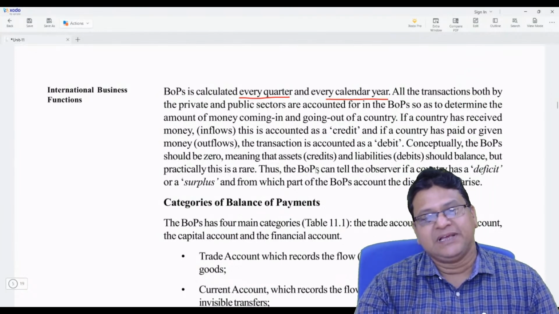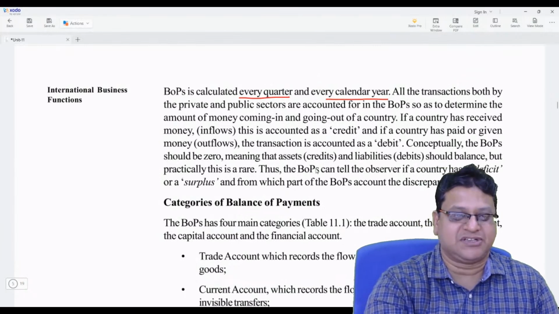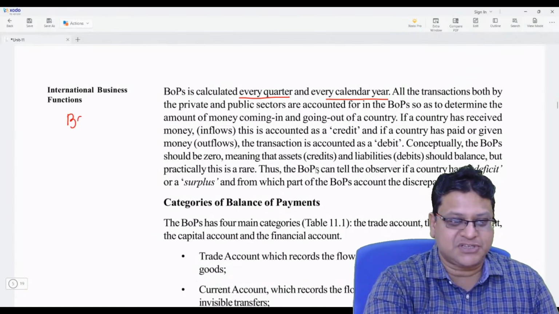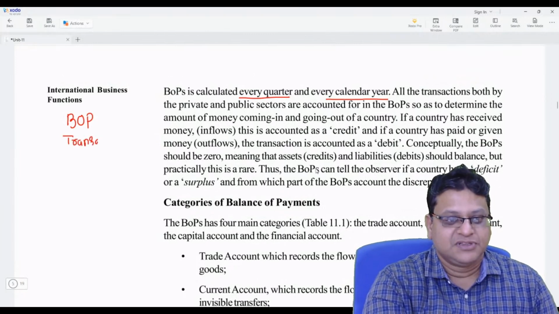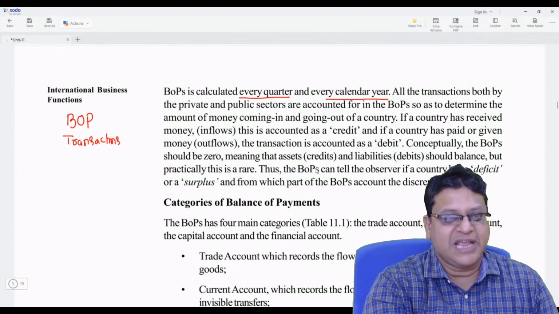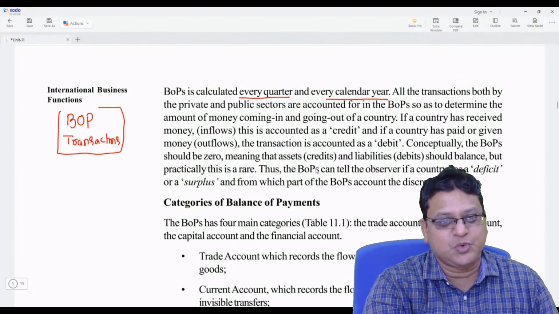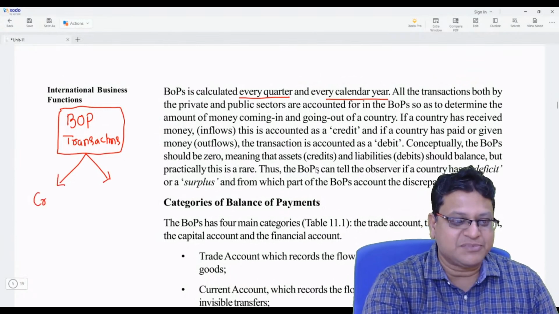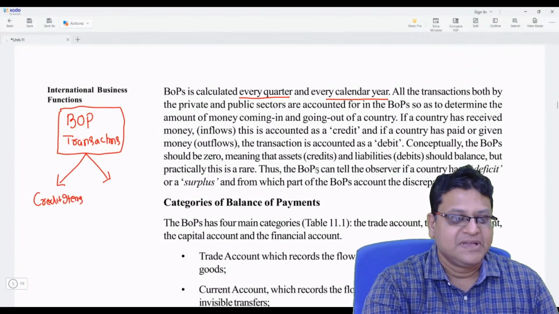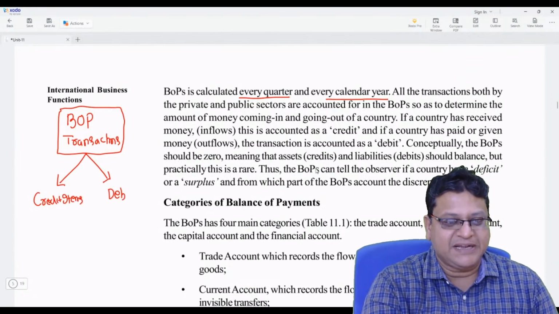In BOP, there are two types of transactions. What are the two types of transactions? The BOP transactions can be classified into two parts. One is credit transactions, credit items. Another is debit items.